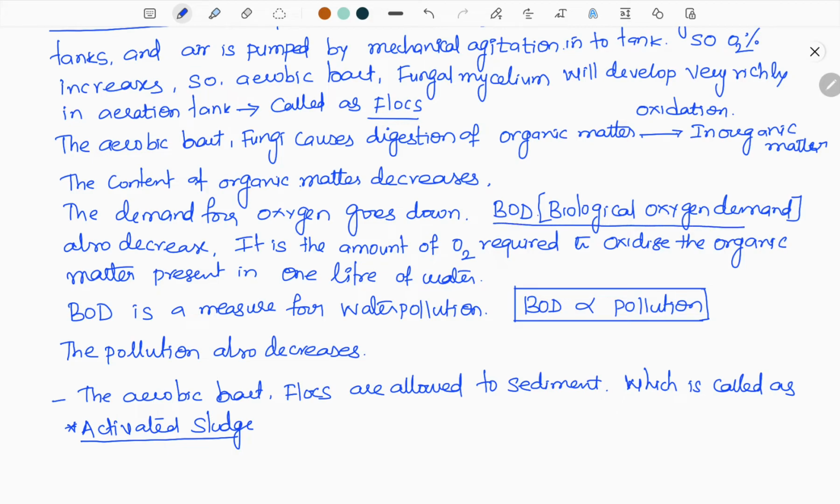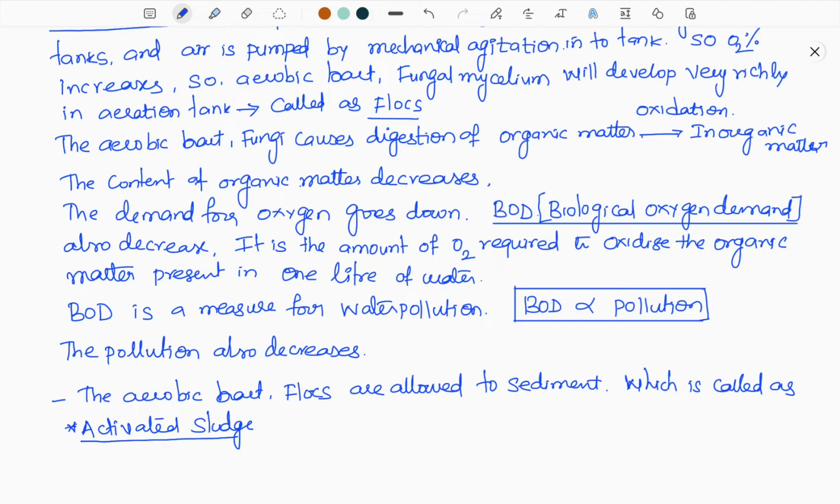Now, what to do with this activated sludge? Activated sludge contains aerobic bacteria as well as the flocs, the fungal mycelium. Part of the activated sludge is sent back into the aeration tank, as the inoculum, to continue the further sewage treatment, further secondary treatment.